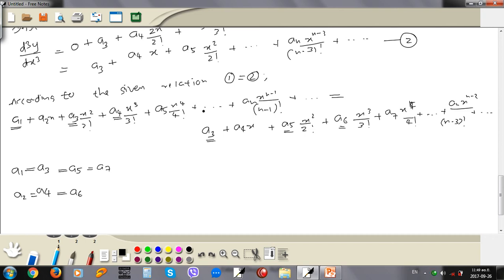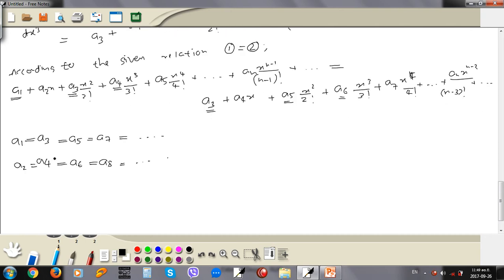If we take a6, that equals a8, so you can see there is a relation, right? These are equal. It means you can see there are two types of equal coefficients.